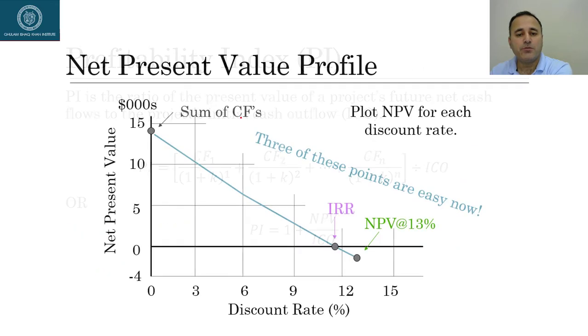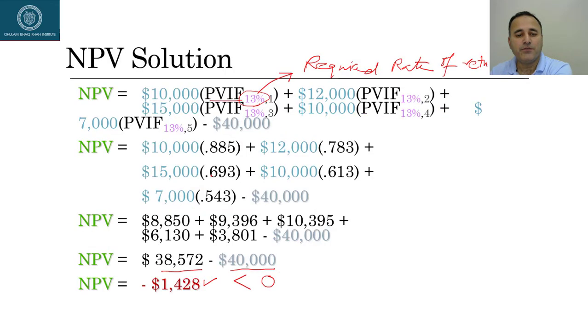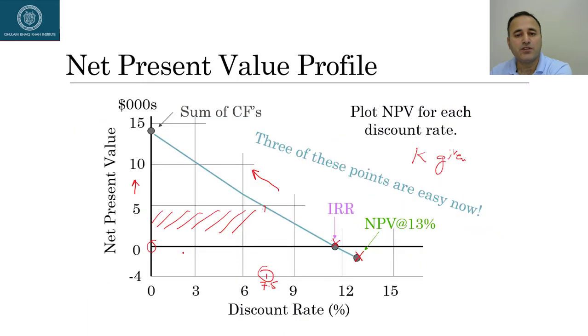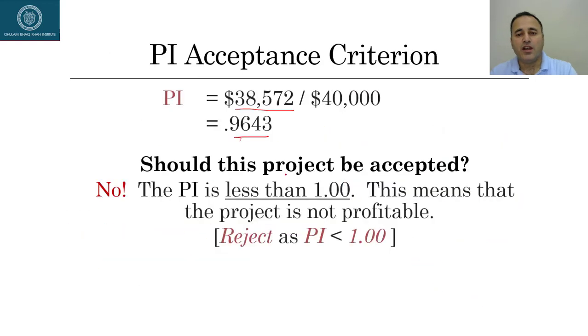So if I take you to the previous slide here, we already calculated the present value of all cash inflows, and then the initial cash outlay or the cash investment is $40,000. So once I calculate the ratio, it's 0.9643.